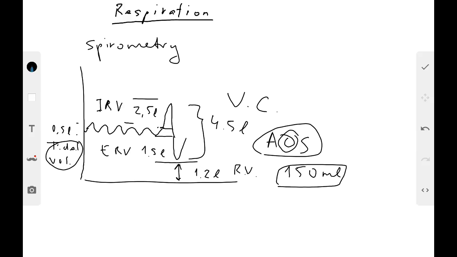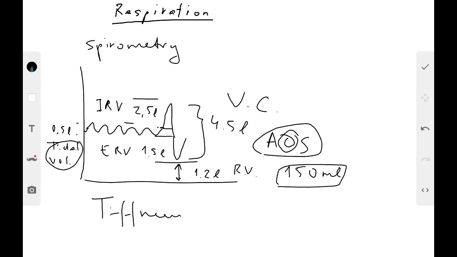Okay, there is also the so-called forced vital capacity, and forced vital capacity is the air that can be expired maximally during the forced expiration. It is about 150 ml less than the vital capacity. The crucial parameter is the TIFNO test.